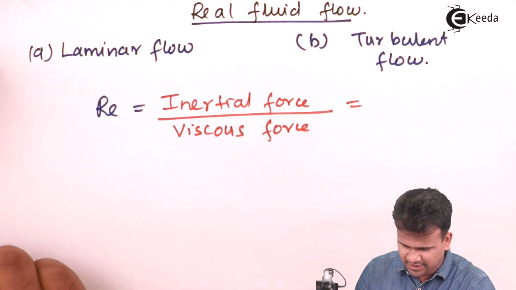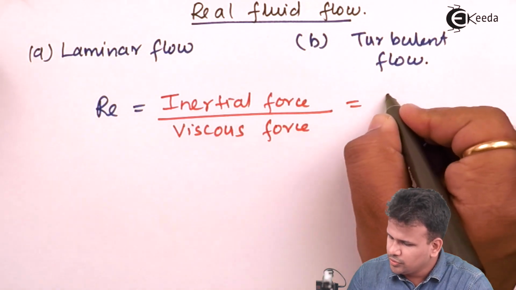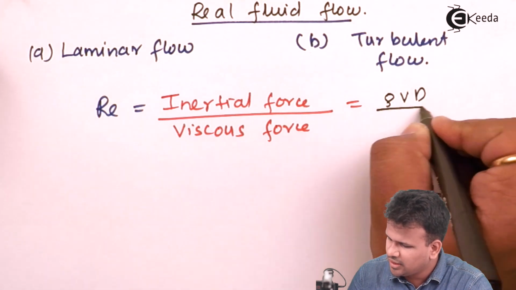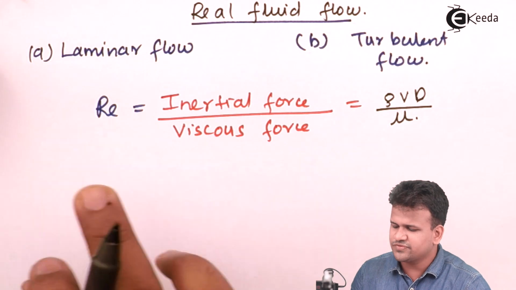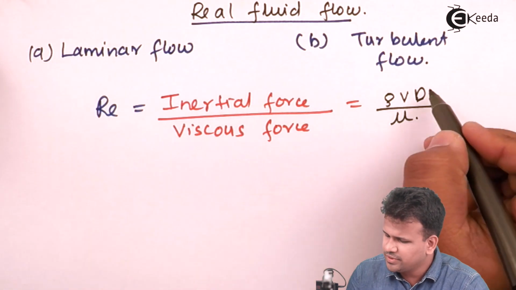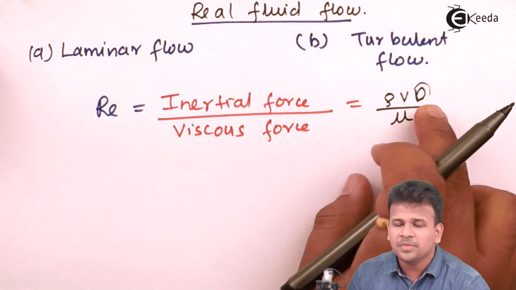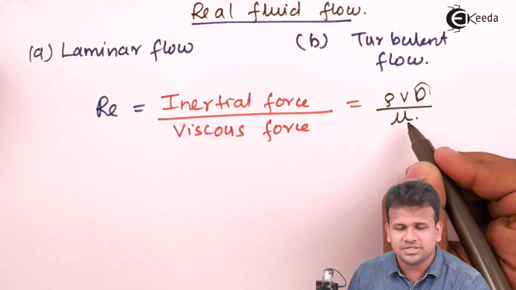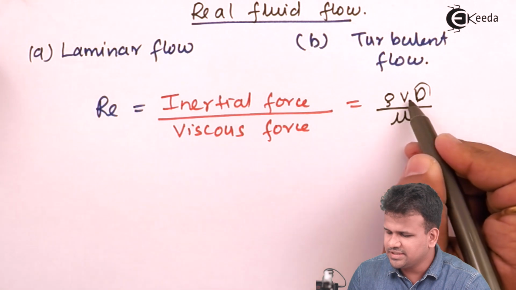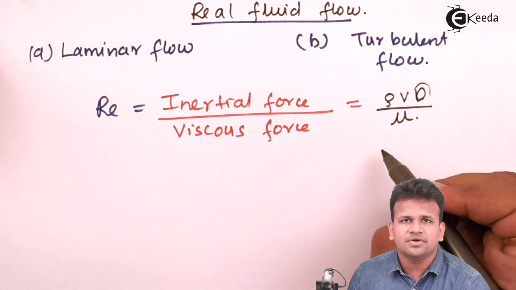Now, this is given as rho Vd upon mu. We are considering the fluid flowing through a pipe, hence here d is the diameter of the pipe, mu is the viscosity, rho is the density, and V is the velocity of the fluid.